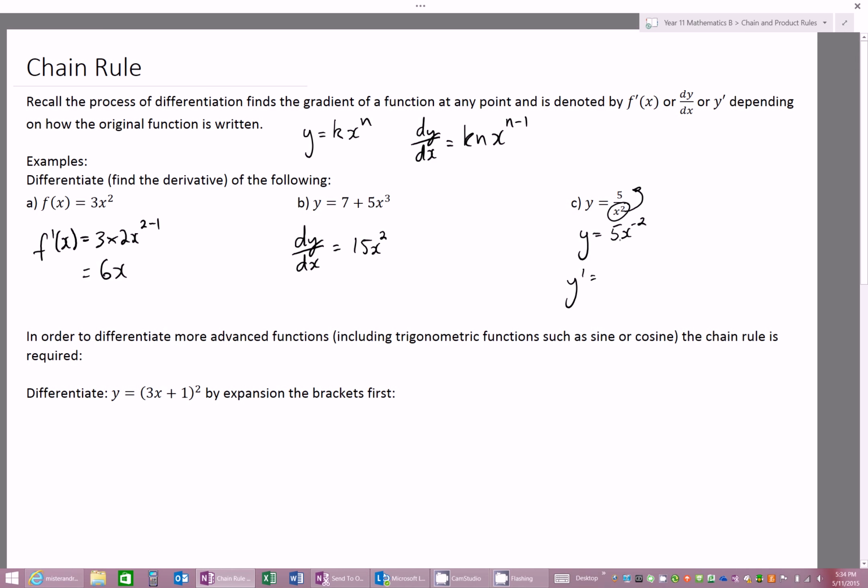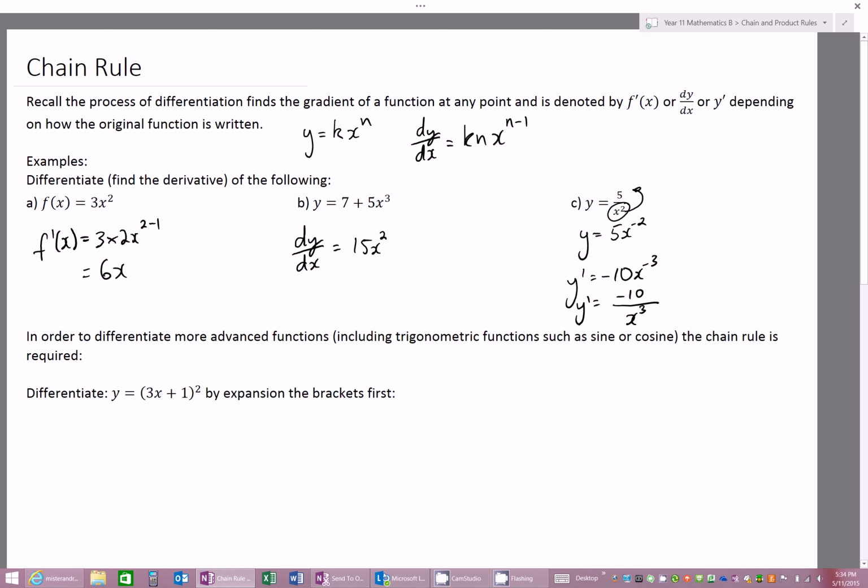Y dash is 5 times minus 2, so minus 10. X to the power, reduce this power by 1. It's minus 2 degrees, gets a degree colder, it'll be minus 3 degrees. And if I want, I can put it back into the same notation that it was given. This x to the power minus 3, bring to the bottom of the fraction, make a positive power.